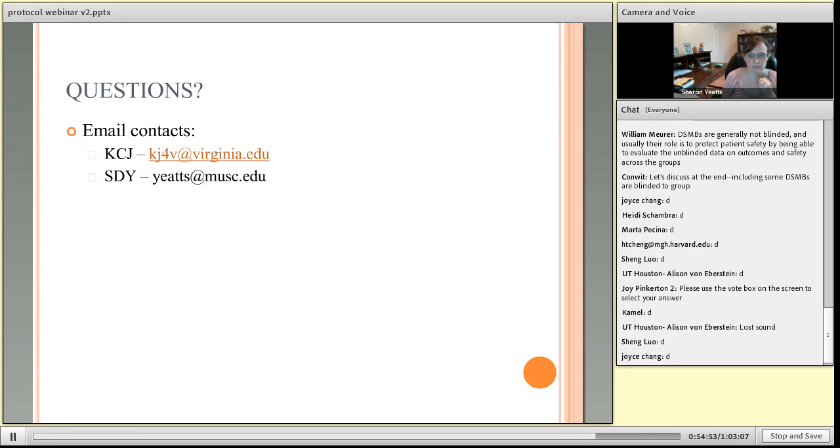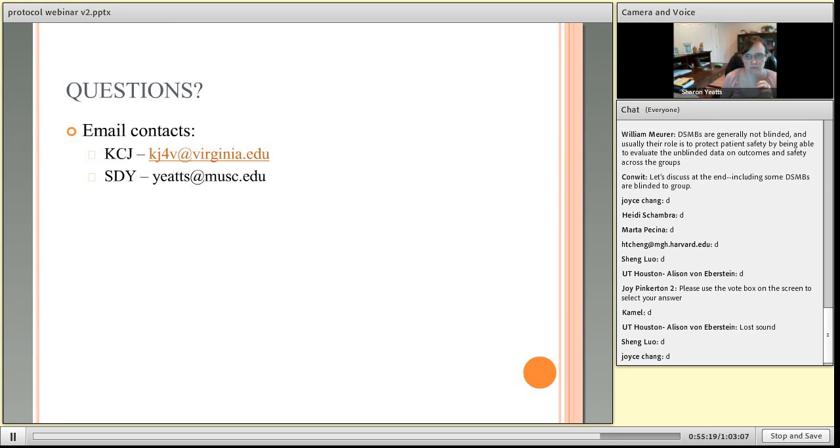So far, there have been a couple questions about data safety monitoring boards. So remember that in many of the trials that are comparison trials, there has to be some safety oversight plan. And for a lot of the phase 3 and a lot of the middle phase trials, a formal DSMB may be that safety body. And so there were some questions about blinding that group.